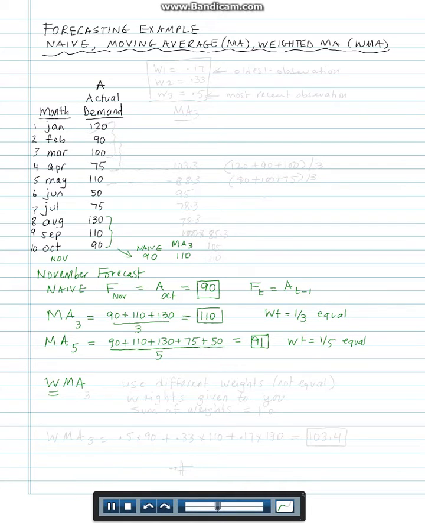A weighted moving average, again, would take a period. So let's say a 3-period weighted moving average. The assumption is to use different weights, not equal. The weights will be given to you, so all you have to do is use them.